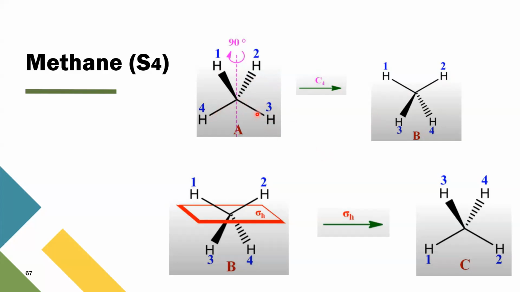When you turn it anticlockwise, you keep your hand and rotate and see what happens. After 90 degrees, one comes out and one goes in, and these two will lie on the plane of the paper. All right. Madam, you should have your own models and study these things. Then it's easy for you, right? So it's an S4 operation.